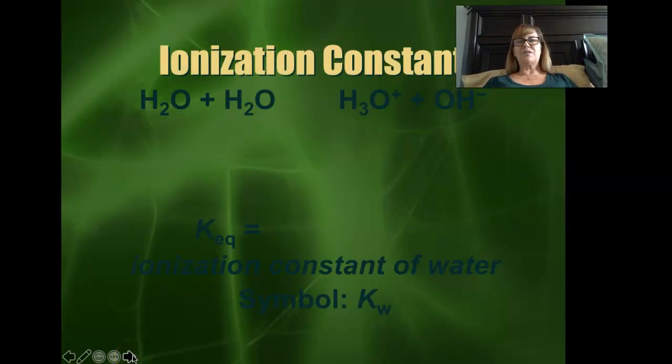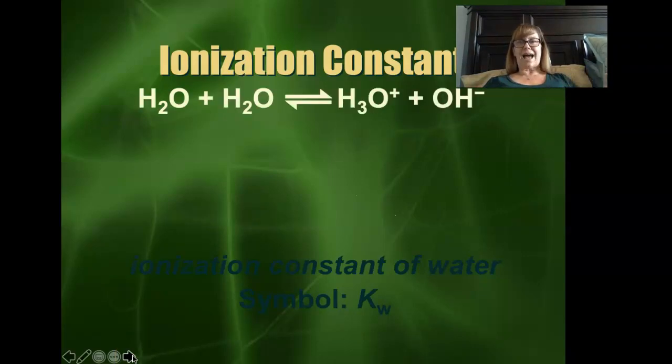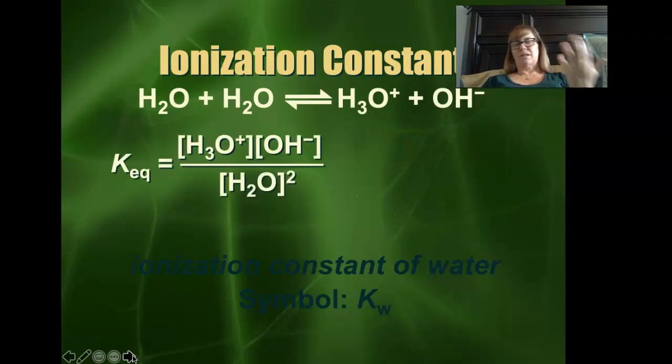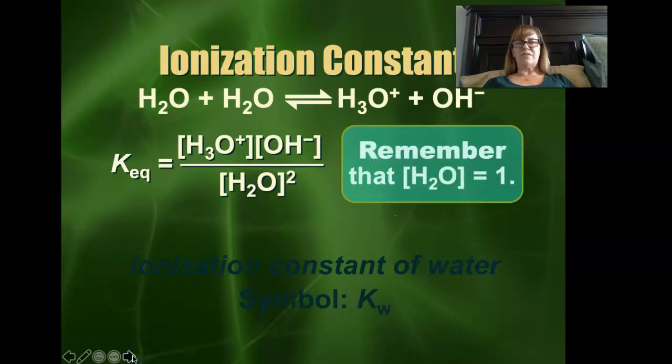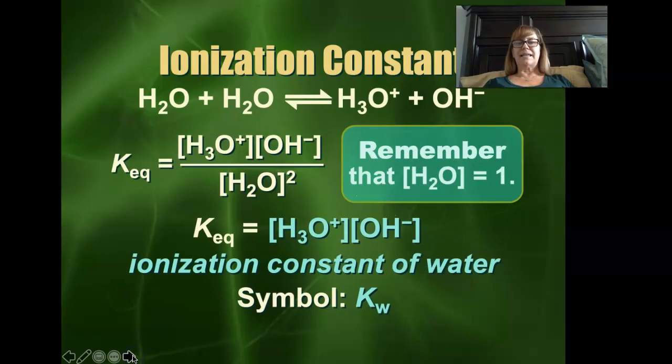So we have what's called an ionization constant. That means no matter what with this water, it's going to ionize into the hydronium and hydroxide at a consistent rate. This is an equation you do not need to know or understand for this unit, but I wanted you aware of the chemistry of it. We call this constant Kw. It's the ionization constant of water.